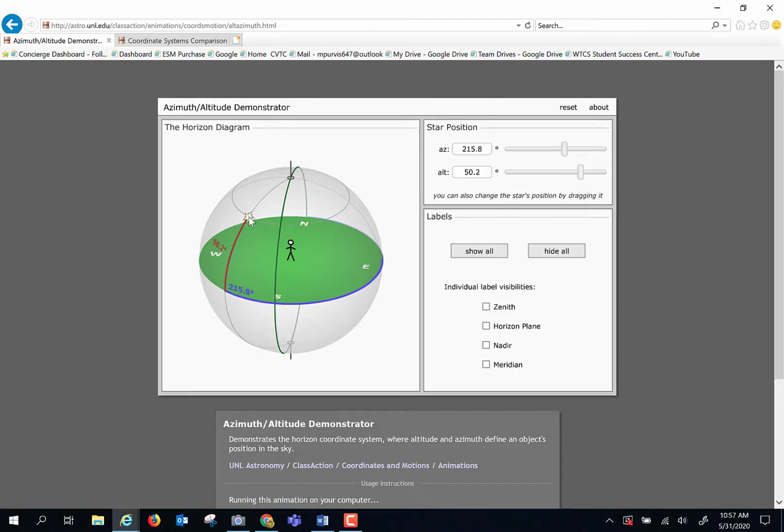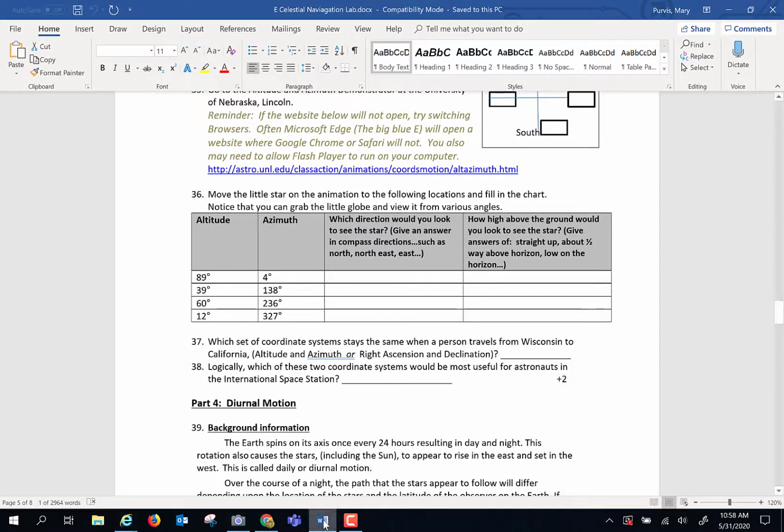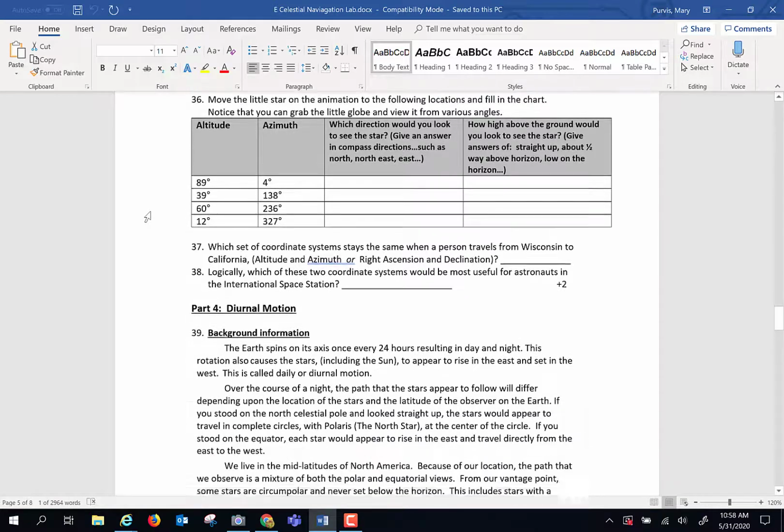But this is really helpful to help you visualize and understand those concepts of altitude and azimuth. As always, when we are using any of these simulations from the University of Nebraska that require Flash Player, you may have some challenges, and remember, you might have to change browsers or allow Flash Player.